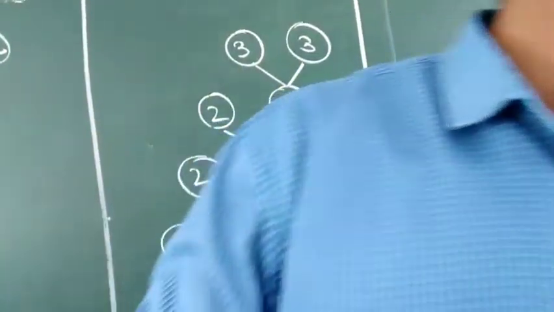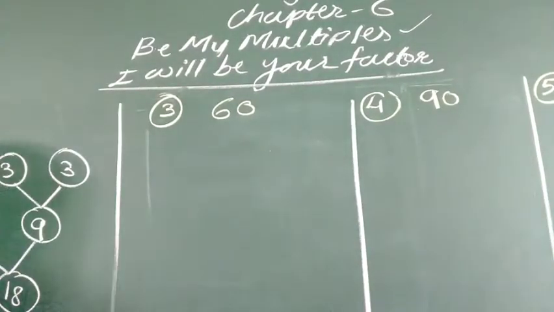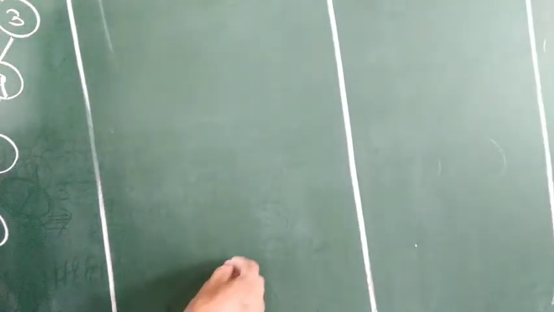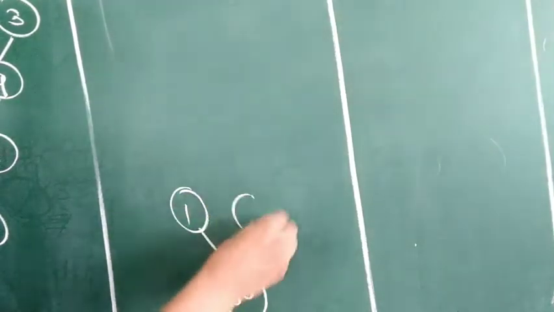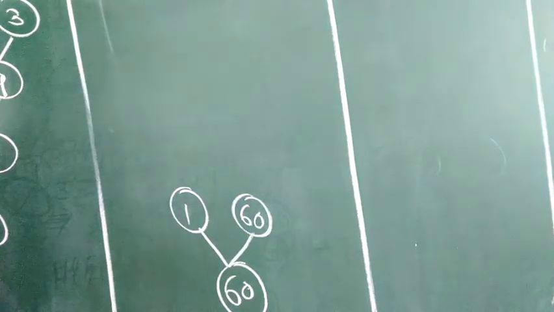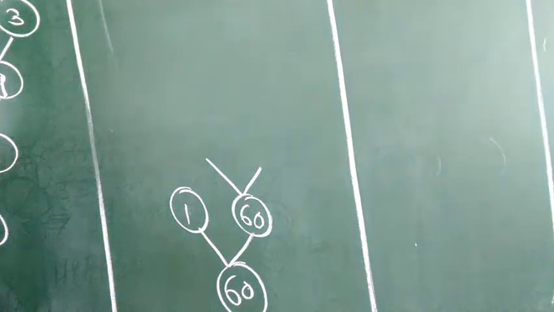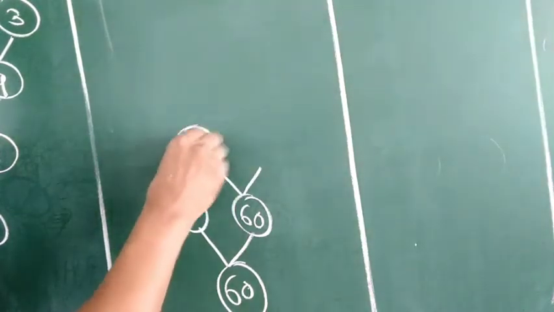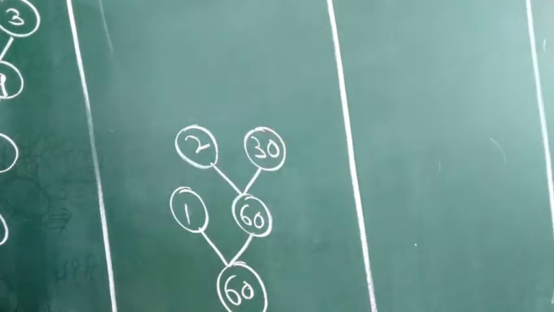Next, this number is 60. Here we can find out. See, 1 into 60. नेक्स्ट स्टेप क्या होगा बेटा? 2 into 30.